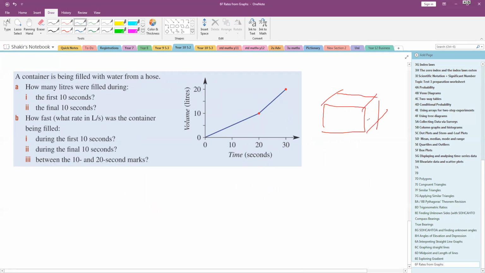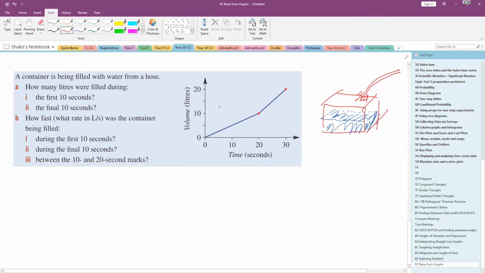So let's say that's the water, to give a rough drawing. We're filling it up with water from a hose. So let's say that's the hose, and you have water coming out from there, filling up the container.